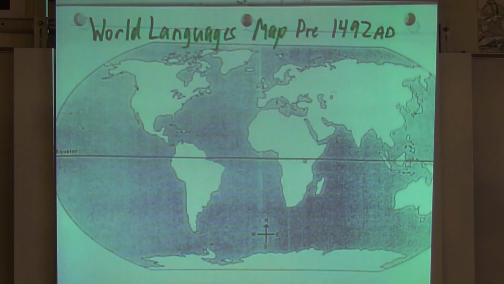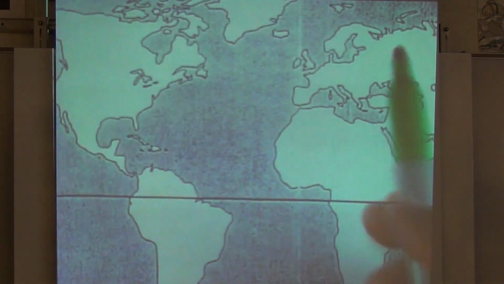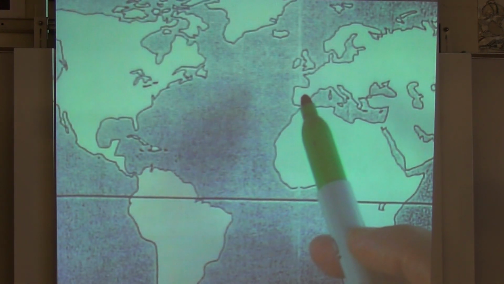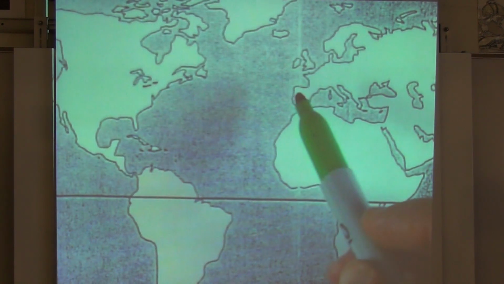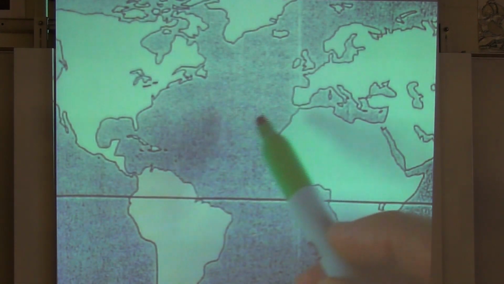The second thing we need to say is what happened in 1492? What is going on in 1492? Well, ladies and gentlemen, a person was hired by this country right here, Spain, and he took a trip on ships and he landed right about there. That's exactly what his trip looked like.